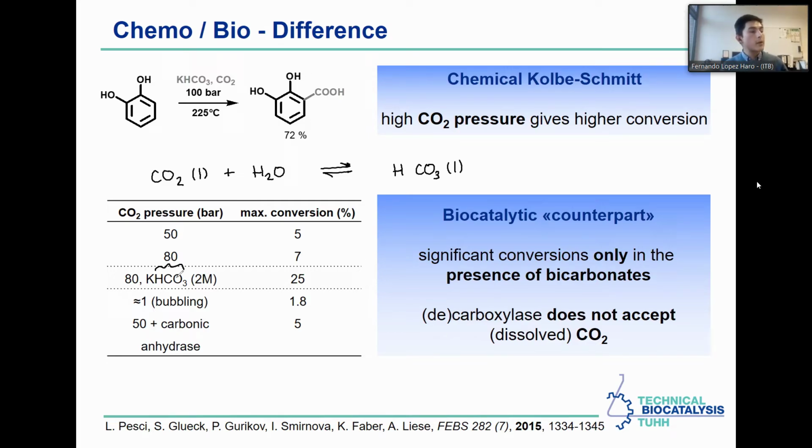So in this case, when you have bicarbonate in the liquid, you can have a maximum conversion of 25%, but of course, compared to the industrial processes, it's nowhere near what you would need for it to be economically attractive or feasible even. So yeah, we have a lot of way to go.